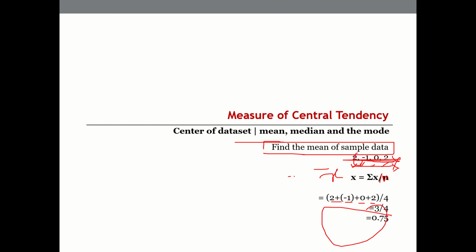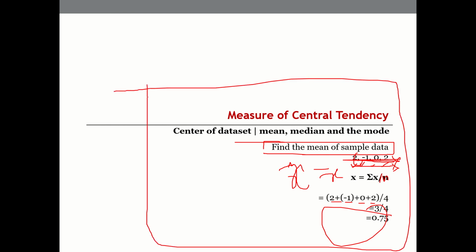So mean is calculated like this: the total of the samples divided by n, the number of samples. Mean is nothing but the average. The mean and average are synonymous, and we can use them as synonymous terms for understanding the data set.